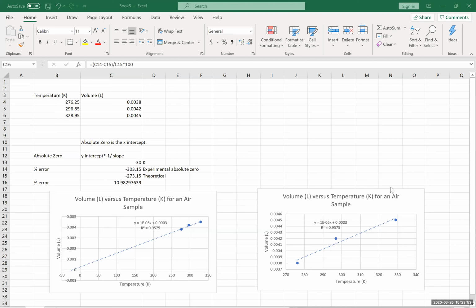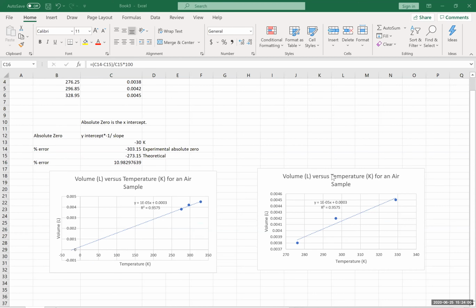So is everyone comfortable with generating their plots and extrapolating their plots? Does this idea make sense to everyone? The point at which your volume is 0, so the point at which your line intercepts the x-axis, that is the temperature of absolute 0. We then write the temperature of absolute 0 in Celsius, and we use that to calculate the percent error.